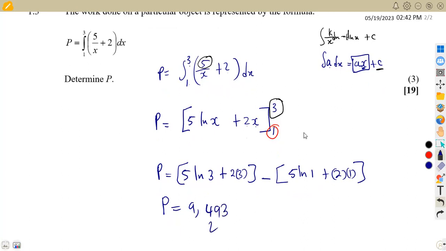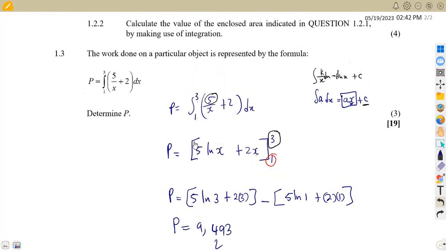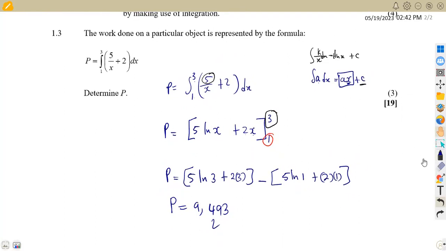Okay, so this is the work done, which is represented by the formula P. We know that work done is measured in joules, so you can even write this in joules, because P represents the work done. So we are mathematically calculating that work done, which we could have calculated by using the formula from your science class. But now we are using mathematical calculations to determine the same thing.